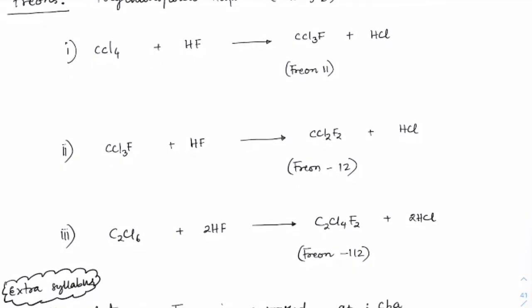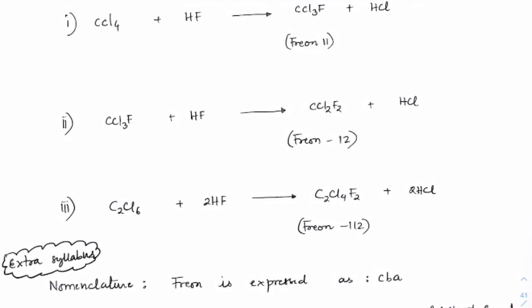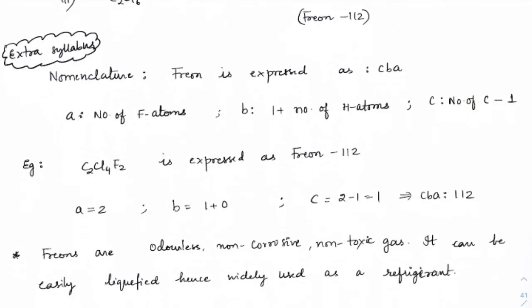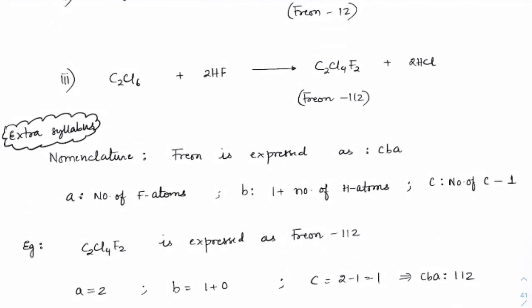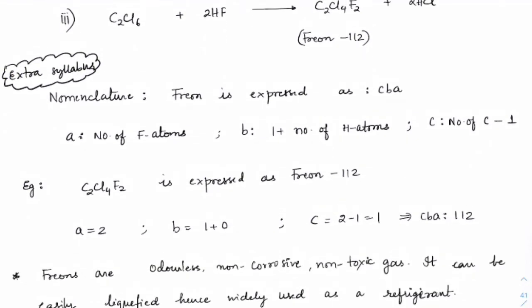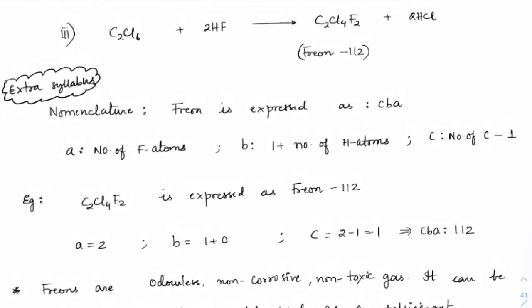Make a note first. See, freons were normally given with numbering like 11, 12, 112. In case it was asked, because this is not in the syllabus, just extra, I am giving you the nomenclature. Freon is normally expressed as CBA, where C stands for the total number of carbons minus 1.